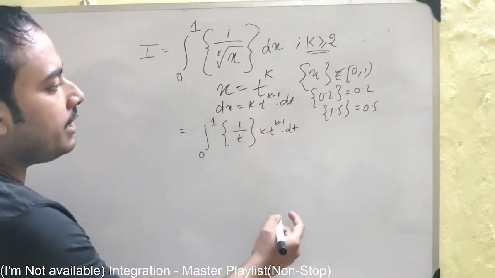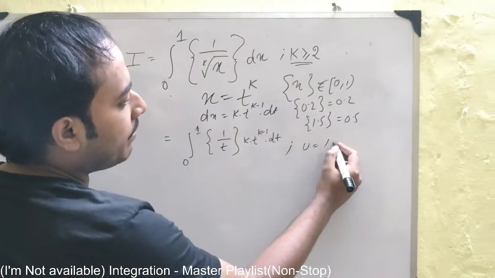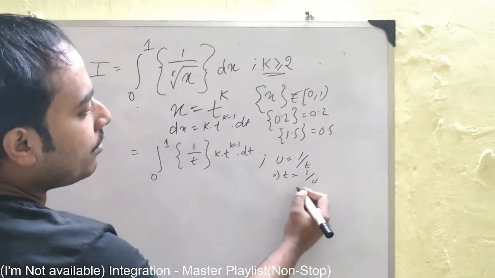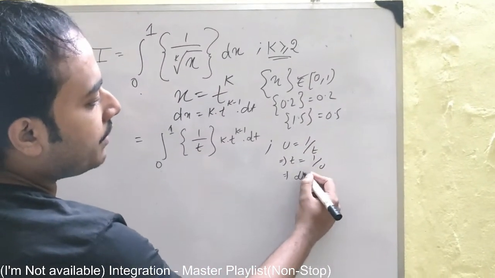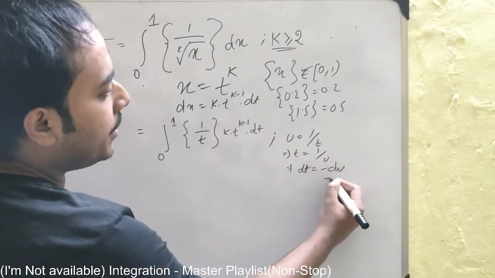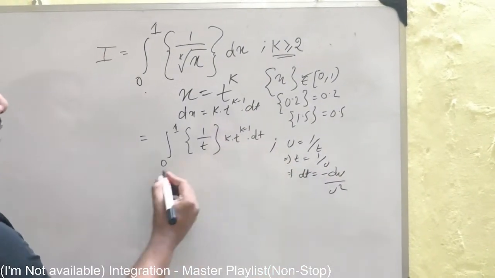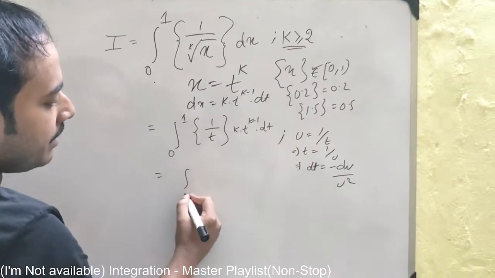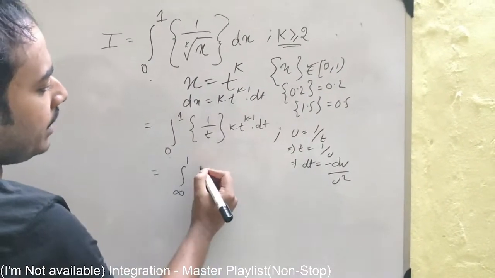Now we make a substitution, u equals 1 by t. This would mean that t is equal to 1 by u, and if you differentiate both sides, it will give you dt equals minus du by u square. Notice the limits. For t equals 0, u is infinity, and for t equals 1, u is 1.